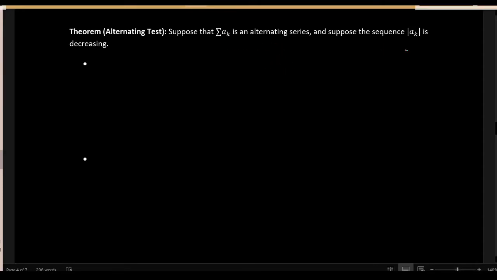Now, if you look at only the positive part of the sequence of terms, if you look at the absolute value, if that sequence of positive terms is decreasing, then all you have to do is look at the limit of the magnitude.